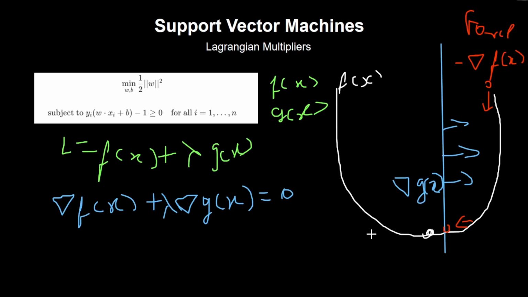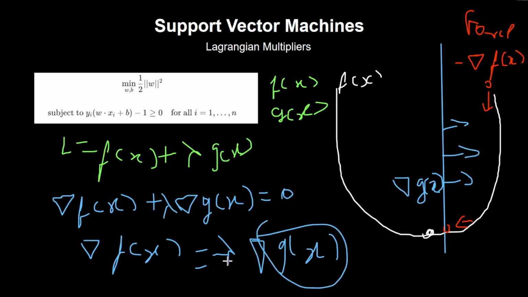So here we can take this to the other side, lambda times the gradient of g of x, and we'll have this one. So it says that the direction is opposite.